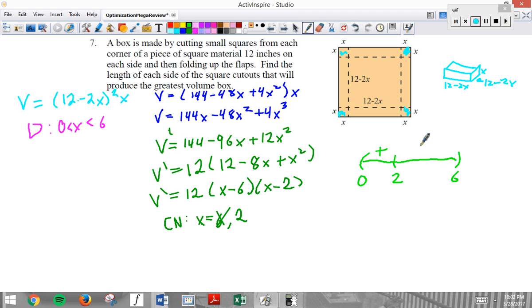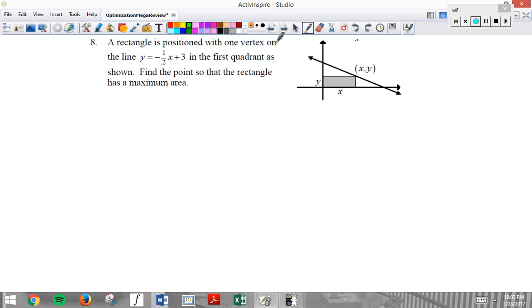After 2, positive, negative number, positive number. So the greatest volume is at 2. So that's how much you're going to cut out from each side of the square. What does that leave? How long will this be? 8. Okay? Okay. Donezo.